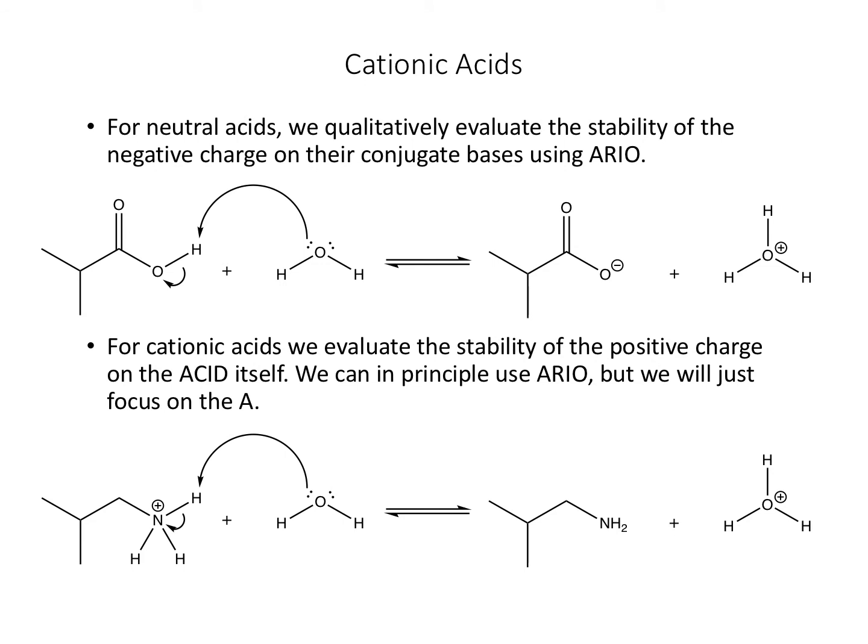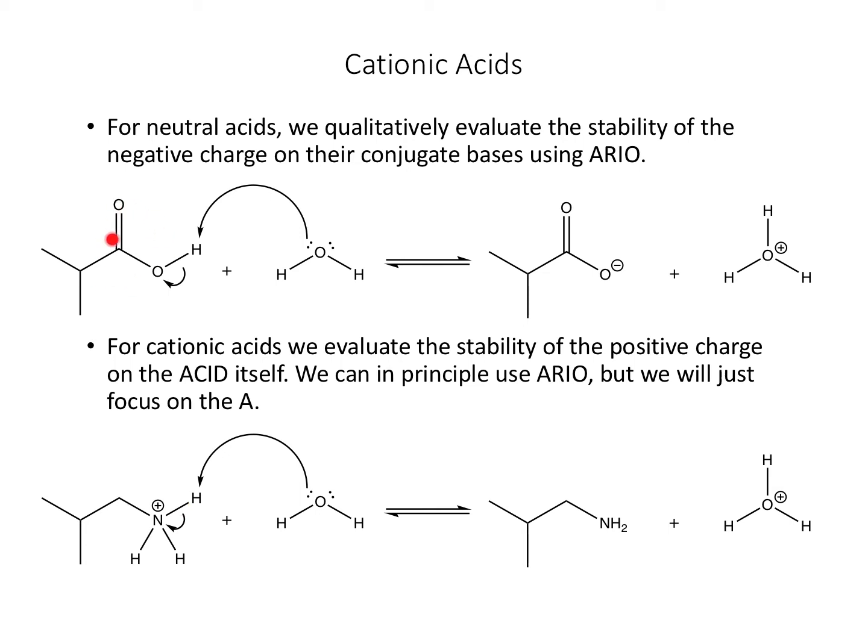If I'm trying to determine the relative strength of this neutral acid, I would use ARIO to look at how well this compound can stabilize the negative charge. Now for cationic acids, if I wanted to think about how strong this acid is, I'm not going to look at the conjugate base, but I'm going to apply ARIO to the acid itself.